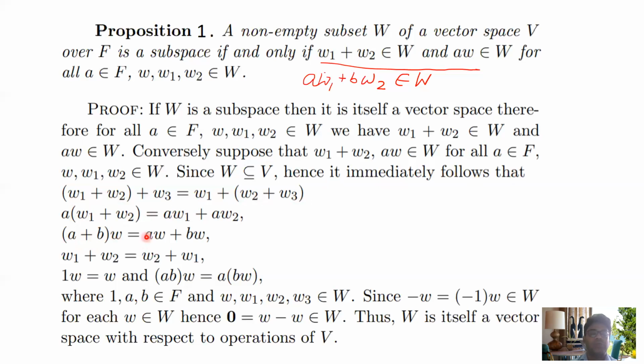Similarly, (a plus b)w is equal to aw plus bw, and w1 plus w2 is equal to w2 plus w1, the commutative property. 1w is equal to w, and (ab)w is equal to a(bw). Here a and b belong to F, and w1, w2, w3 belong to W. Since minus w is equal to minus 1 times w, each minus w belongs to W. Hence the null vector, w minus w, belongs to W. Therefore, W is itself a vector space with respect to the operations of V. So this is the proof of this property.